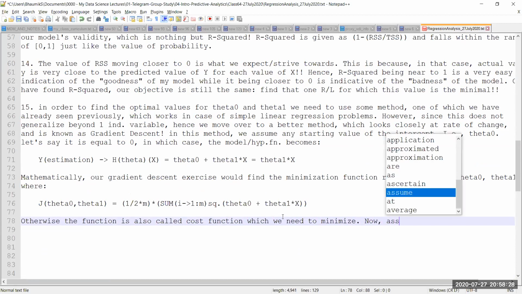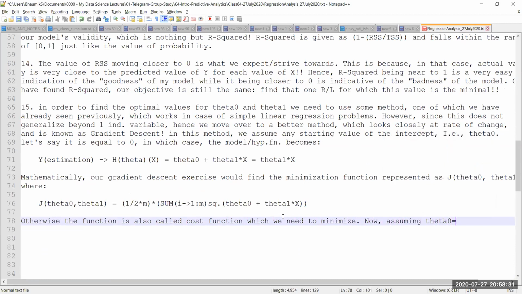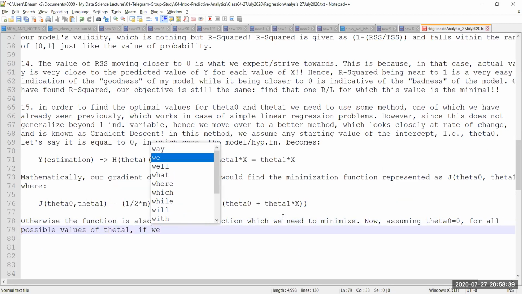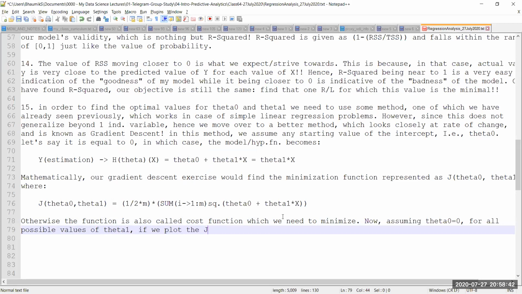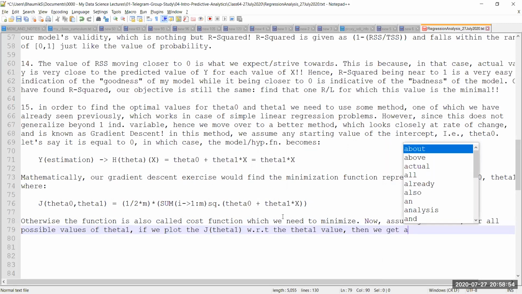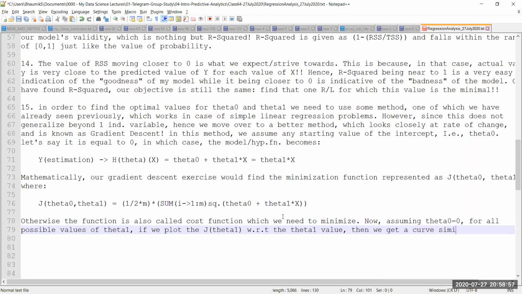Now, assuming theta 0 is equal to 0, for all possible values of theta 1, if we plot the cost function j of theta 1 with respect to the theta 1 value, then we get a curve similar to the structure of a parabola.